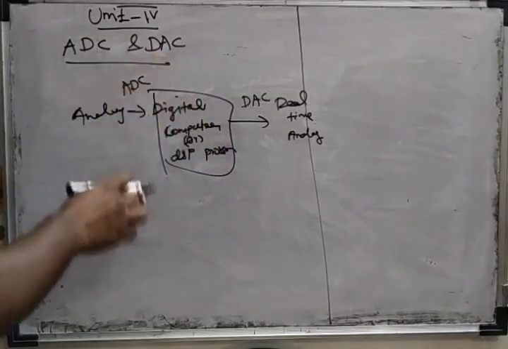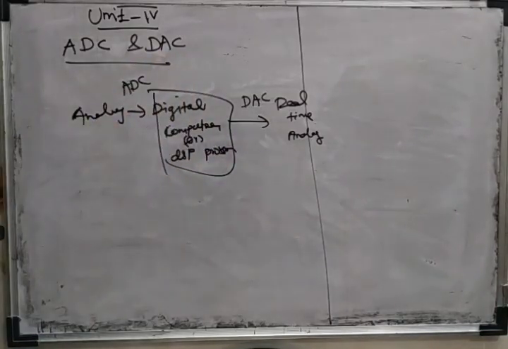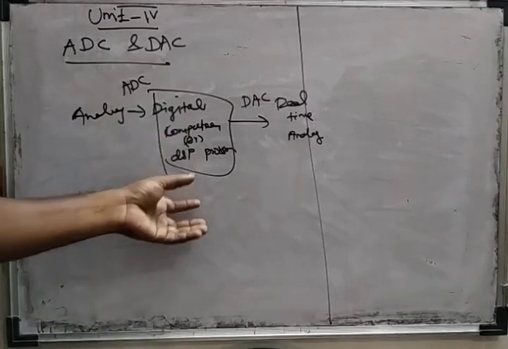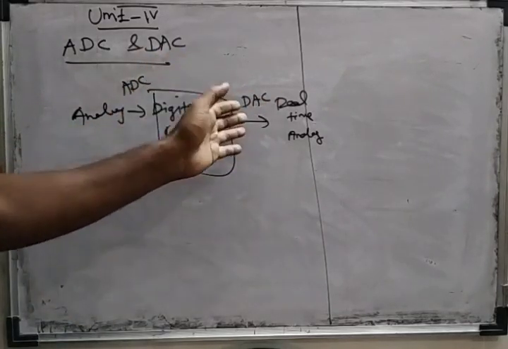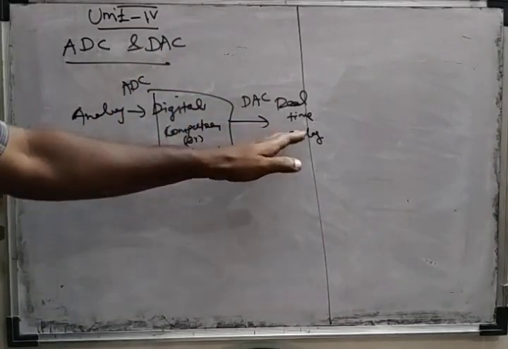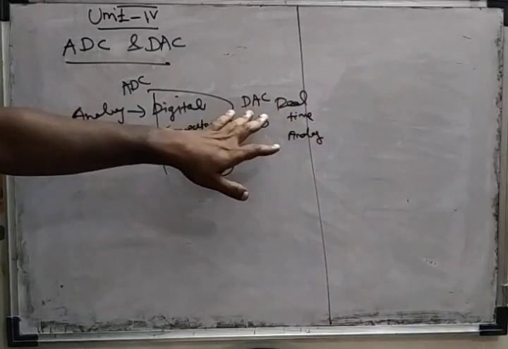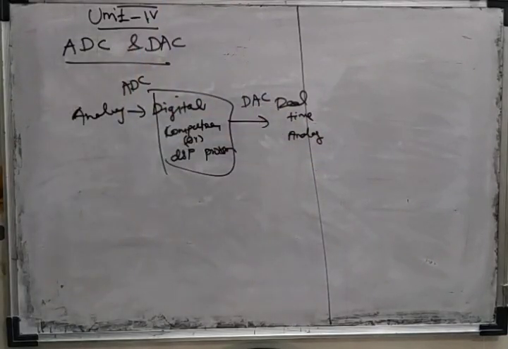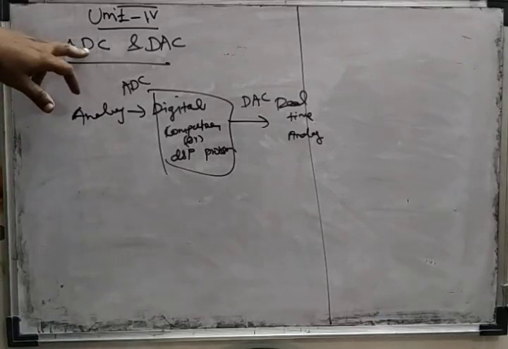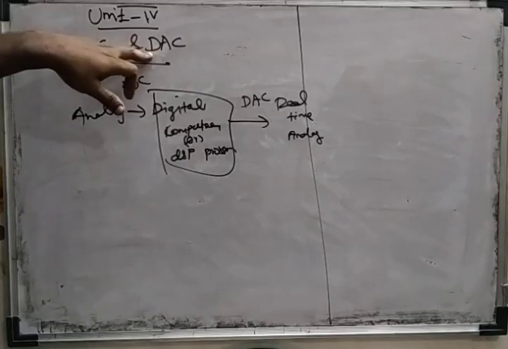Then we are processing in the digital domain. Once processed, the output is again converted into a real-time signal by means of digital to analog converter. So in unit 4, by using op-amp, we will see how we construct ADC and DAC.